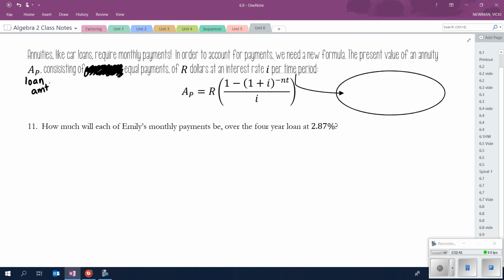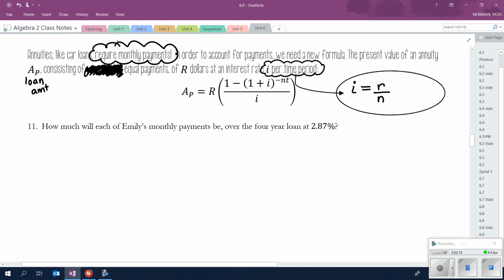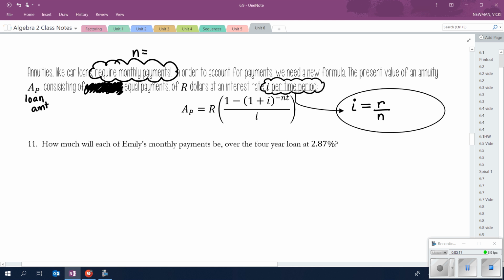Yeah, little r. But they're using I instead, right? Be careful because it says interest rate per time period. Well, the interest rate is usually R. And in all of these cases, when we're talking about an annuity, we're talking about monthly payments. So what's N? 12. So N is 12 in general.